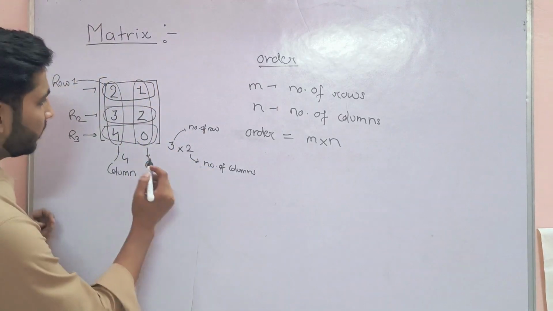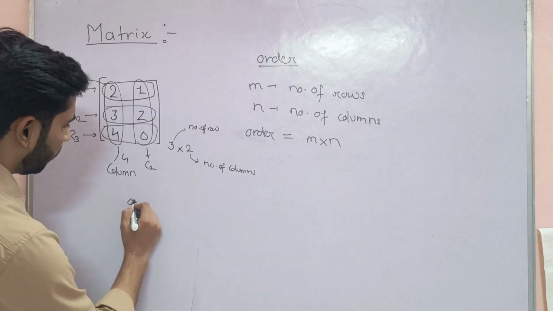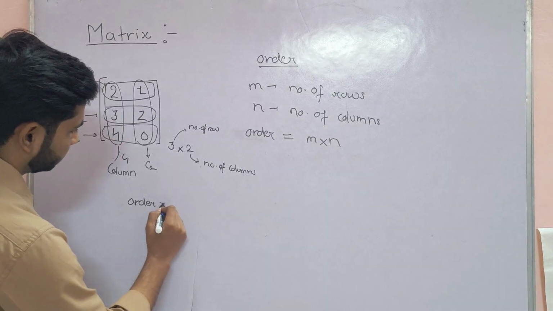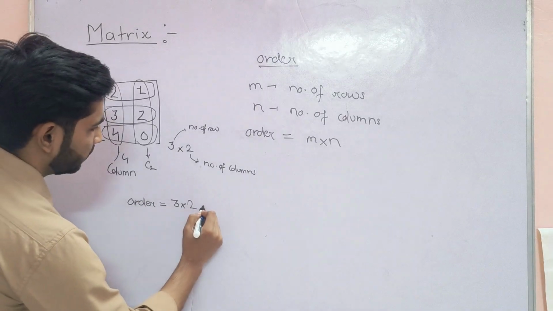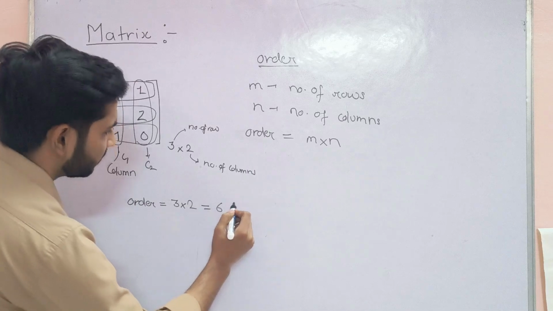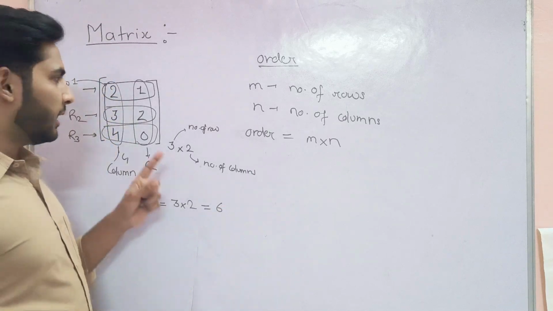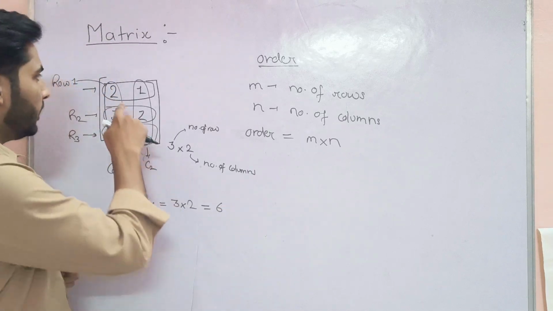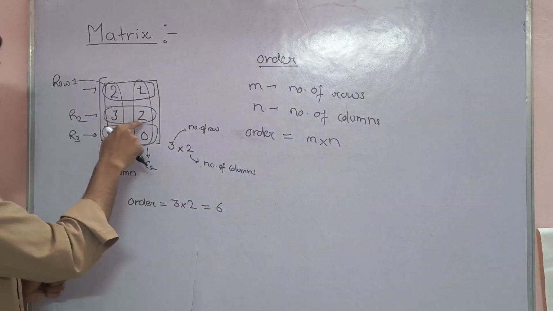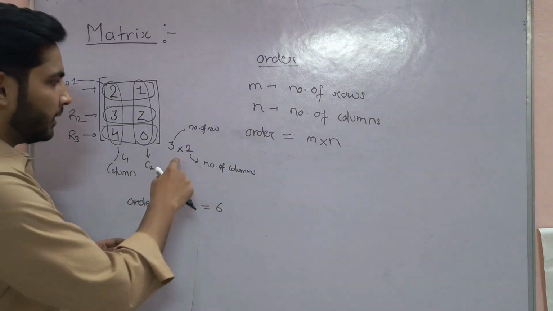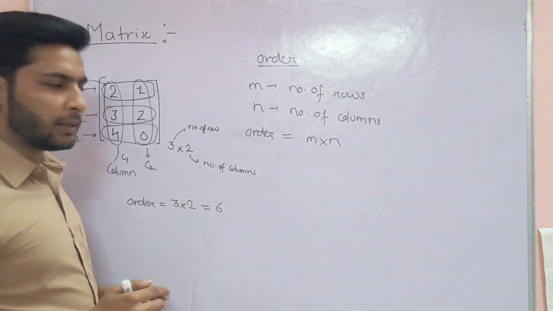You simply multiply the order, 3 into 2, that will come out to be 6. So there are 6 elements present in the matrix. You don't need to count individual elements 1, 2, 3, 4, 5, 6. You just multiply the order, it will give the total number of elements.